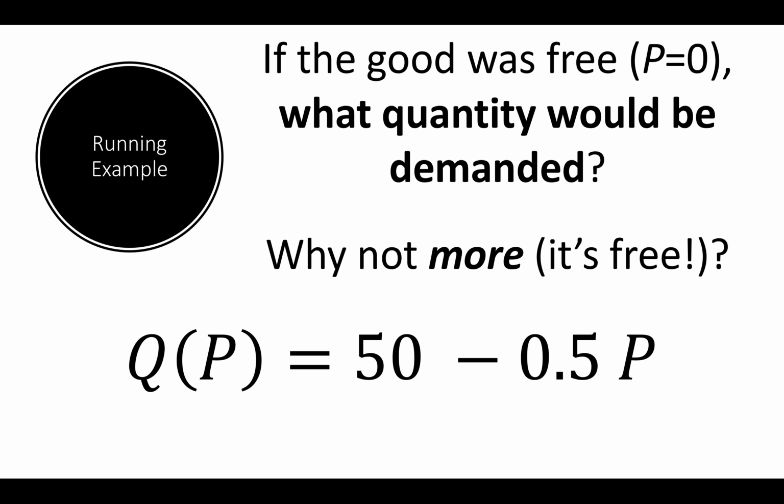Now, we do these linear demand curves because they're easier to work with in these simple examples. But real demand curves might not be these straight lines. They might have an asymptote which goes off to infinity, in which case it really is the case that if the good was free, you would buy an infinite number of them. The interpretation of that is not that you'd buy an infinite amount, but that there's always some value to the next good, even if it's a very, very tiny value.